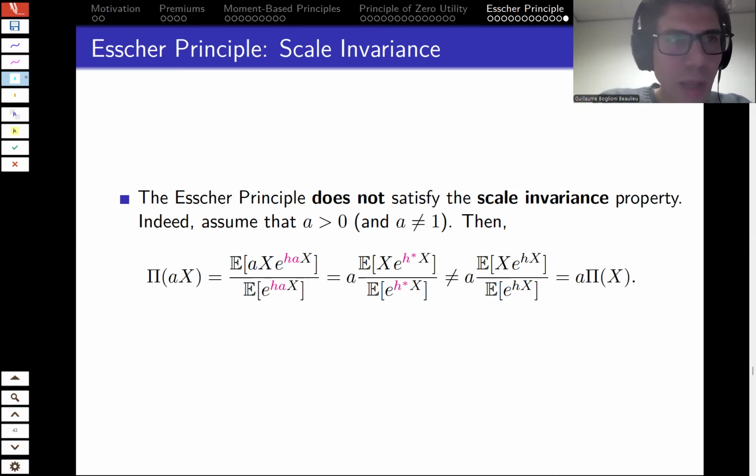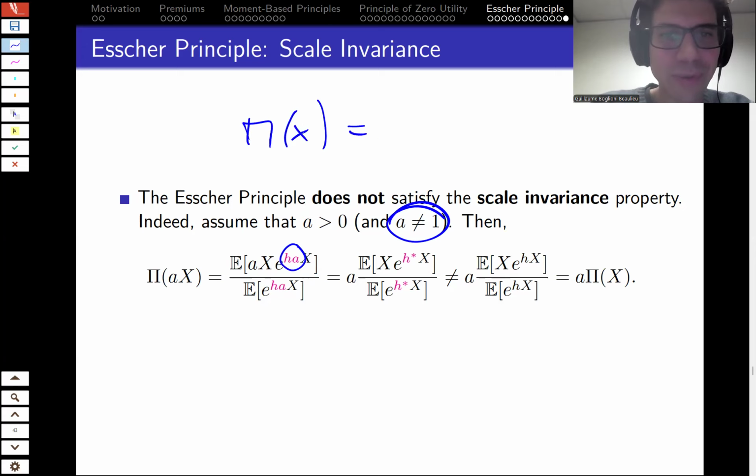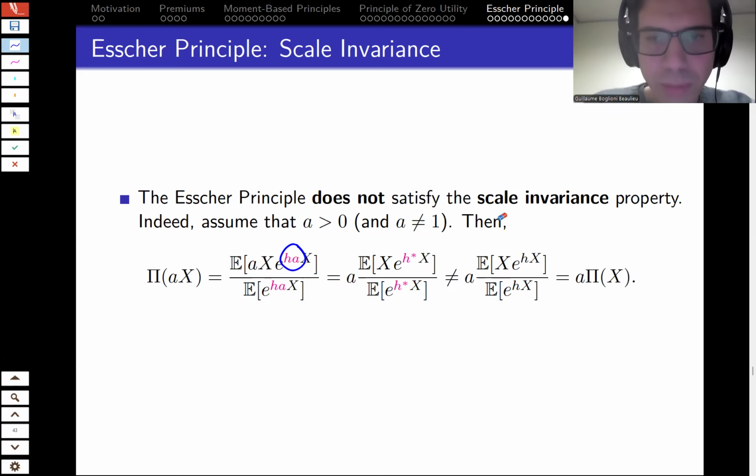But now I've put in a specific color this thing h times a, because here we have a as a constant that is not 1. Well, because the case a equals 1 is kind of trivial. It's trivial that pi of 1 times x, of course, will be equal to 1 times pi of x. So this case is not interesting at all. This is why I've written a is not equal to 1.